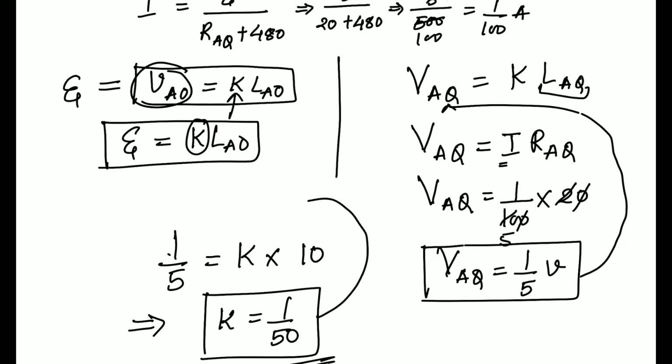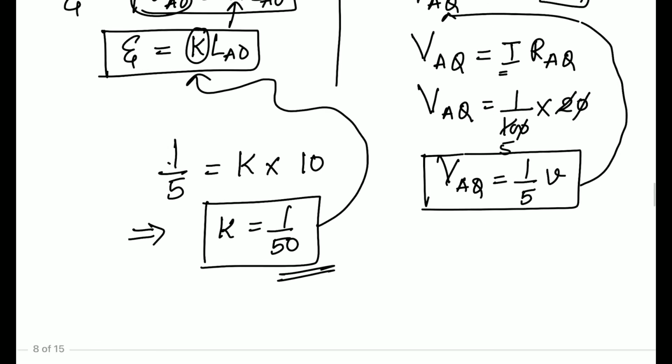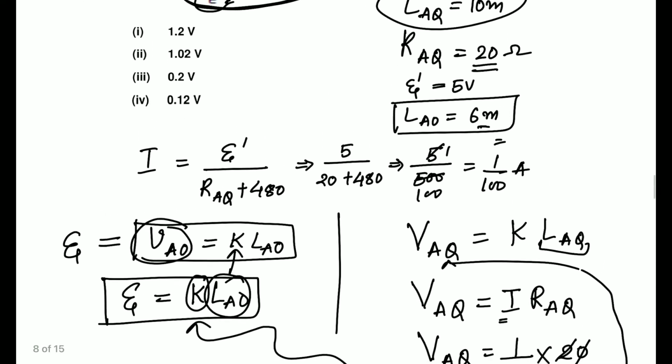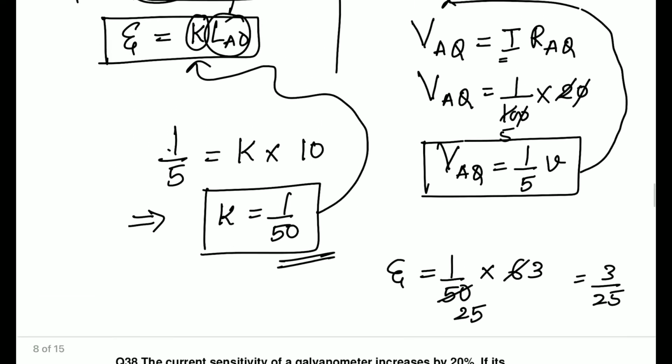Now I know the value of potential gradient. All I have to do is put it here. Yes or no? So when I put it here, you will get your EMF is actually equal to 1 upon 50 multiplied by L_AO. L_AO is given to me, that is 6. The balancing length is given to me, that is 6. This is 2, 3 times 6, 2 25, right? So this is 3 upon 25. And when you calculate it, you have the value in points, so just simply divide this.